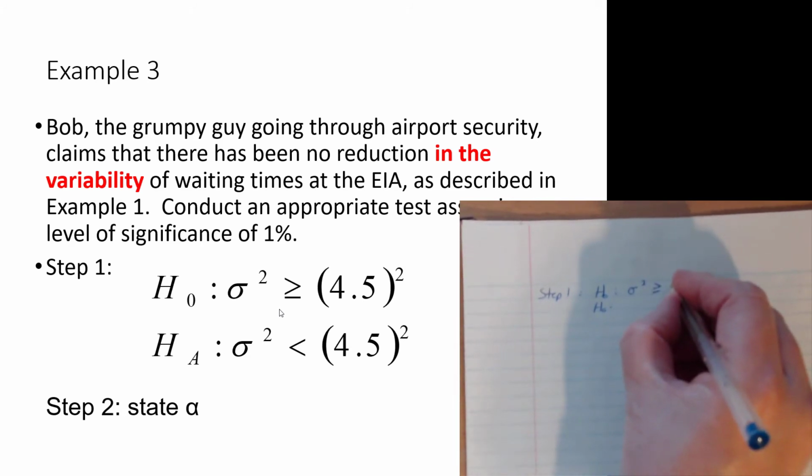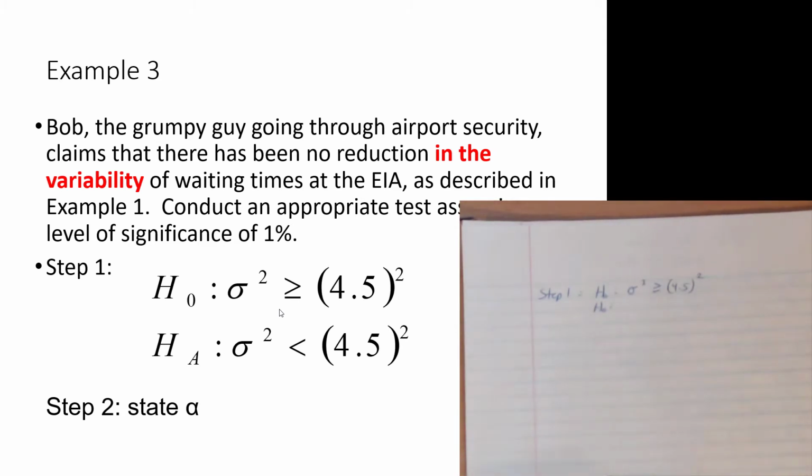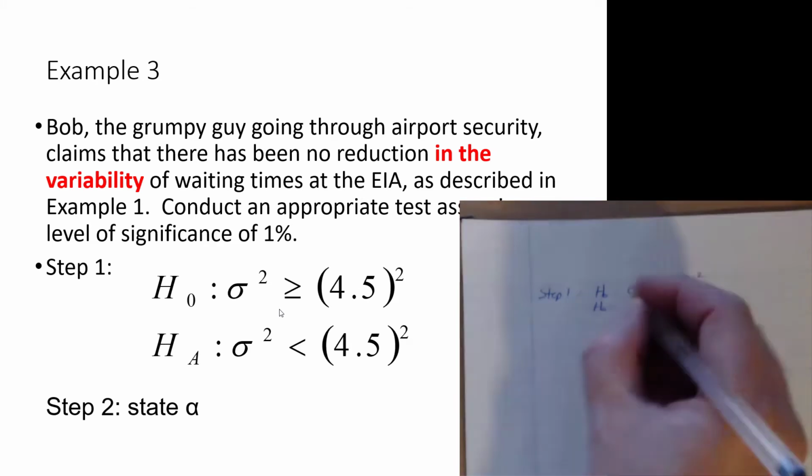So greater than or equal to, and I'm just going to call it 4.5 minutes squared, because there's no need to work out 4.5 times 4.5 and have a number that has limited context. This way I can look at that 4.5 squared and relate it to the question and to the data I've gathered, and it's easier to connect my information on one side with what I'm writing down here.